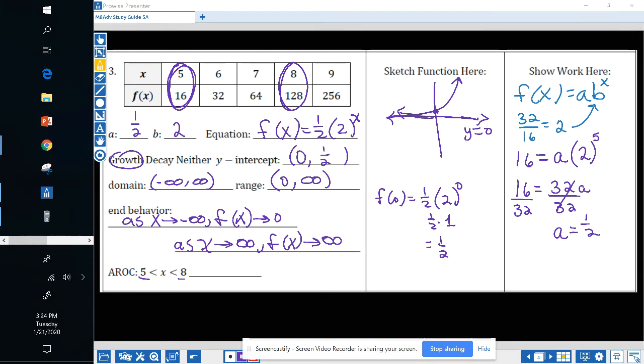So I'm going to write my 2 ordered pairs. 5 comma 16, 8 comma 128. I'm going to find the difference of the y's over the difference of the x's, and that's going to give me 112 over 3. So we can just write 112 over 3 for our A-rock.